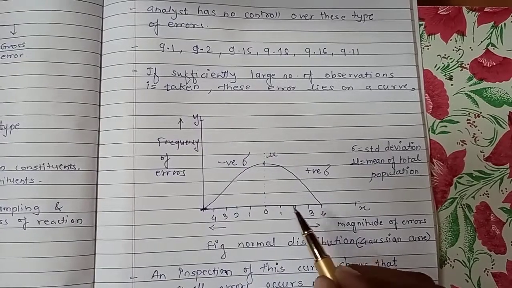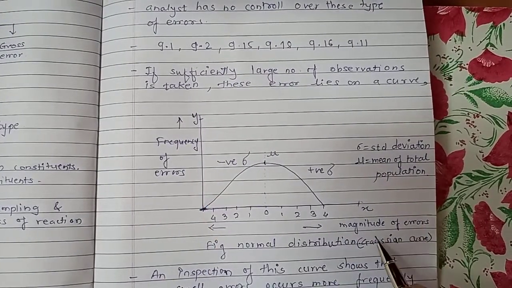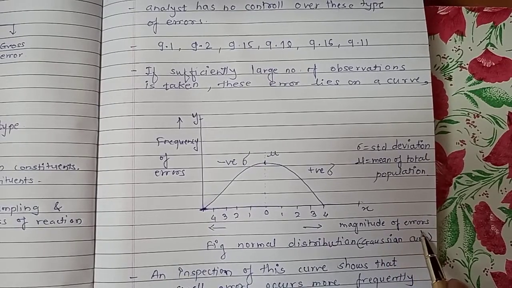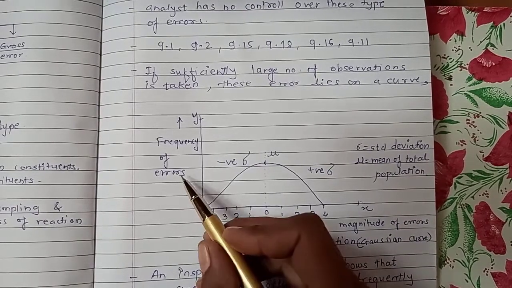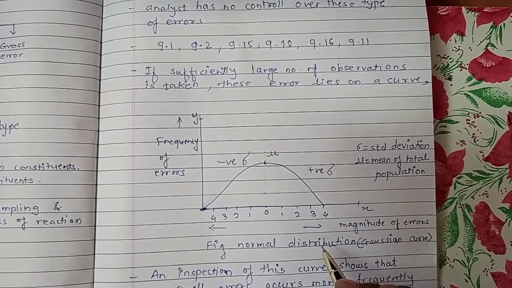See, here is a curve of frequency of errors versus magnitude of errors. Frequency of error is on the y-axis and magnitude of errors is on the x-axis.